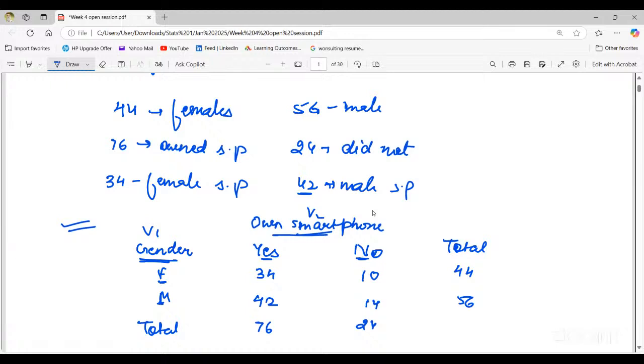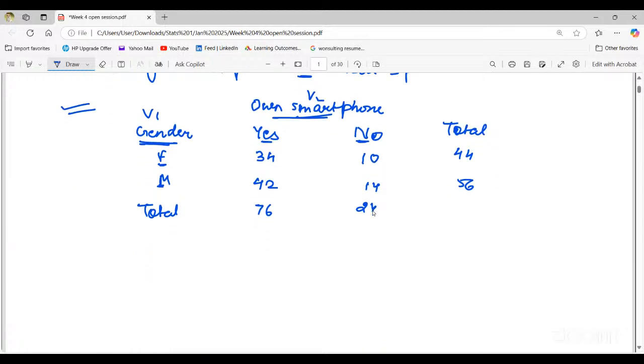Ma'am, yes and no, it will be a numerical variable, since it is representing the number of smartphones? No, no. See, if I'm having an Excel sheet, I have one column denoting the gender, and one column for owning a smartphone.